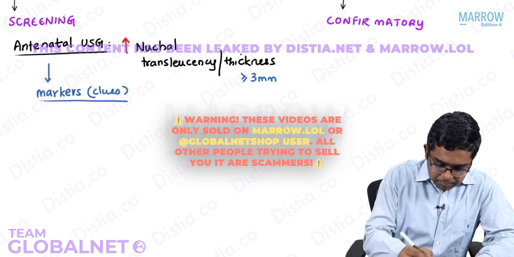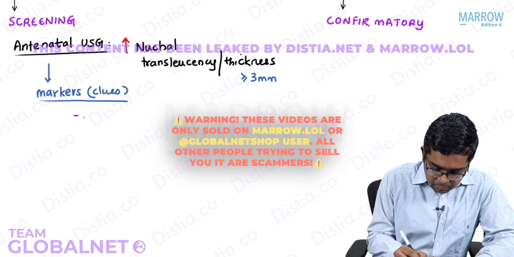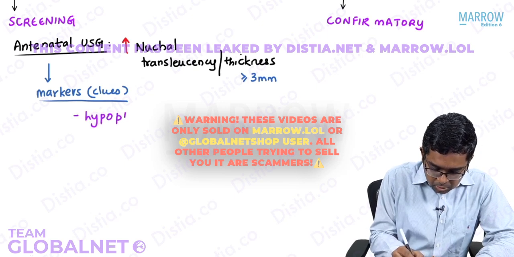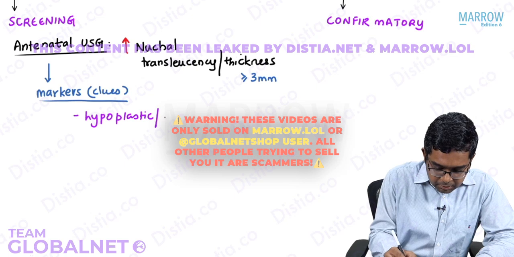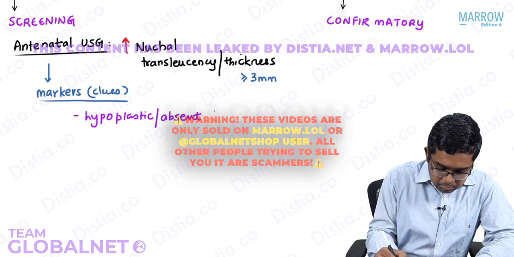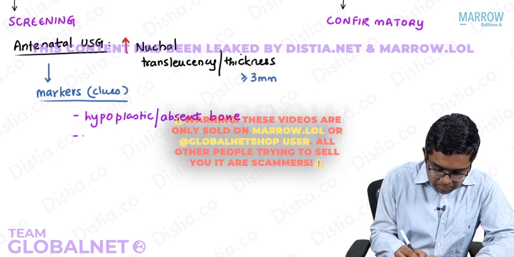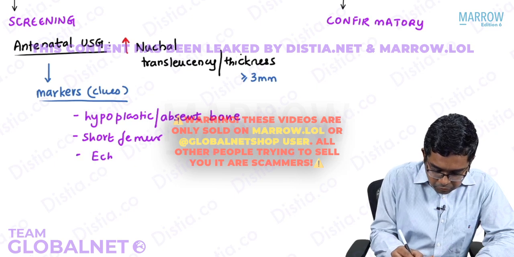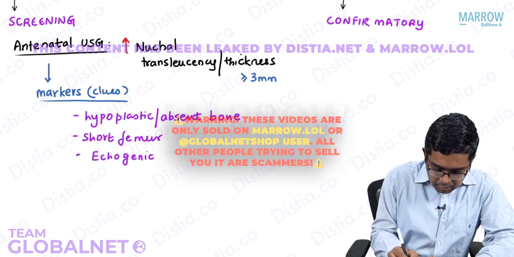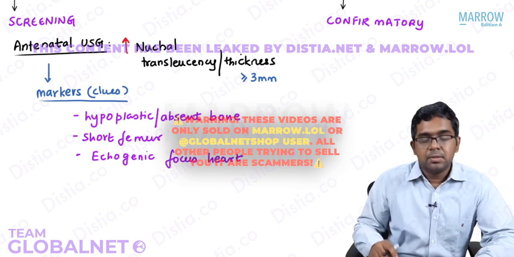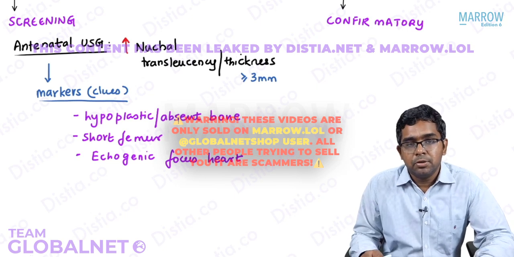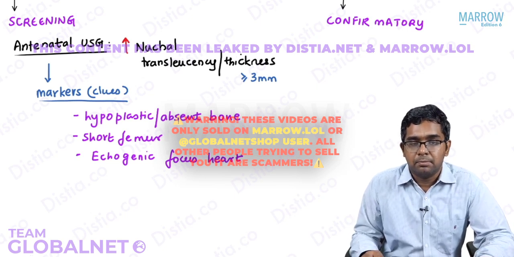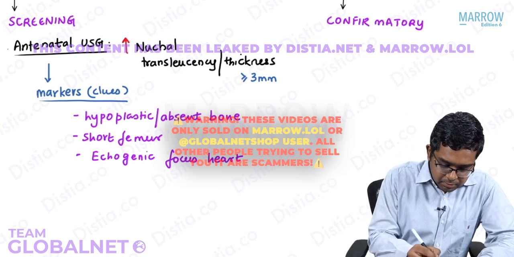They include hypoplastic or absent nasal bone, short femur, and echogenic focus in the heart. These are some of the markers in the antenatal ultrasound which can point towards the possibility of a trisomy. Okay, so one is antenatal ultrasound.